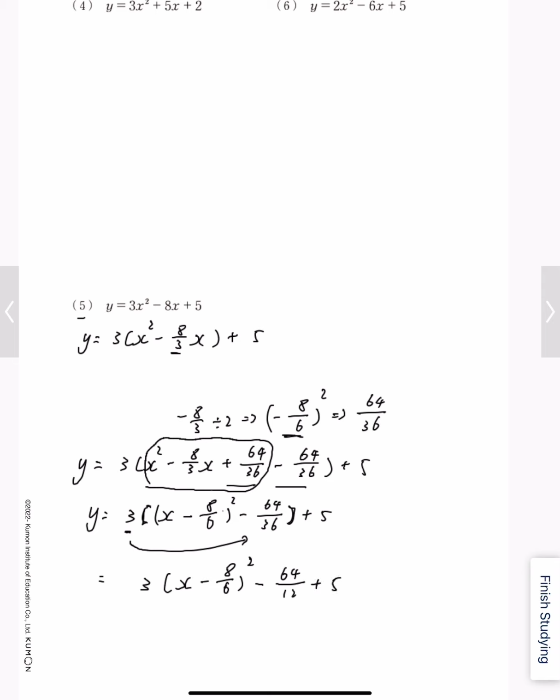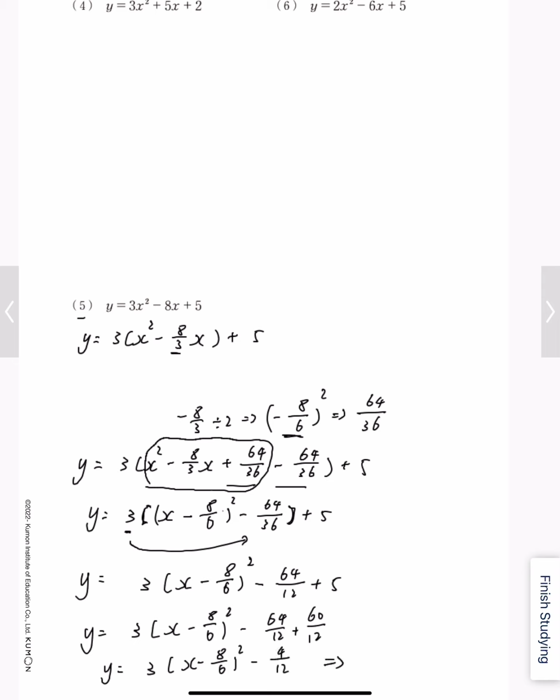Okay? All right. Next step, y equal to 3x minus 8 over 6 to the power of 2 minus 64 over 12 plus 60 over 12. Okay? Then you will get your final answer: 3x minus 8 over 6 to the power of 2 minus 4 over 12.